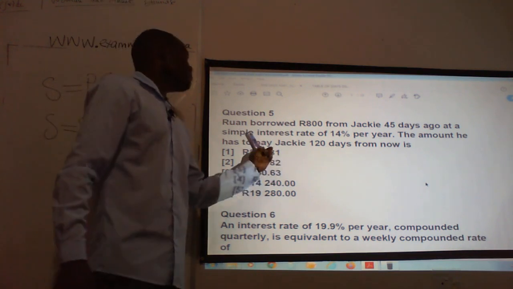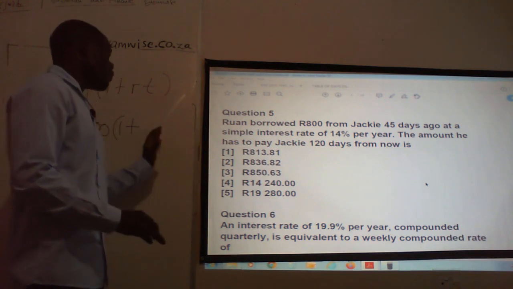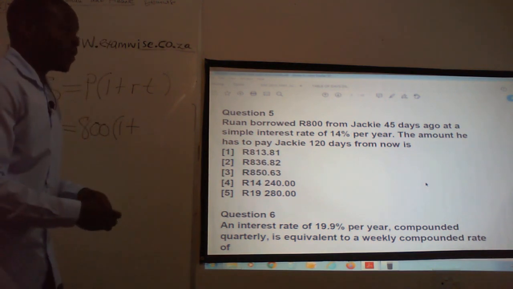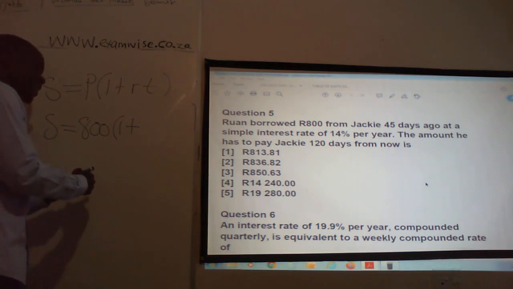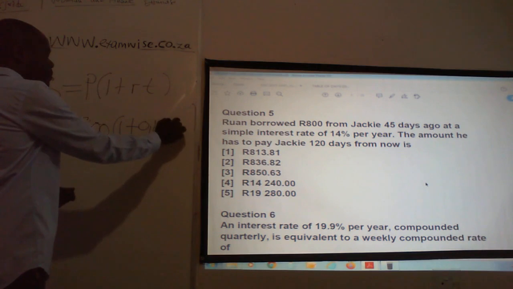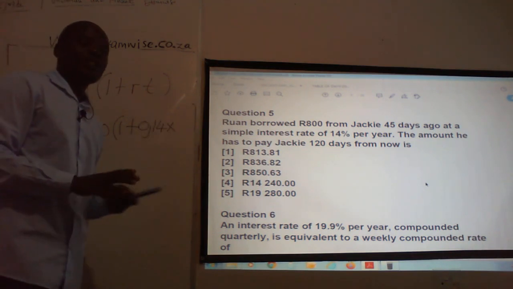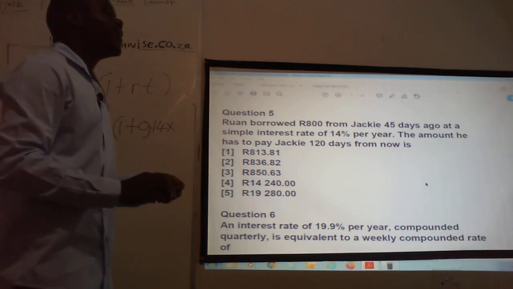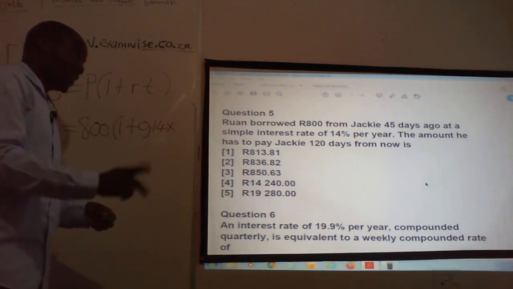The simple interest rate is 14%, so as a decimal we say 14 divided by 100, which is 0.14. Then we multiply by t. We said t is always the time in years. So how are we going to determine our t?